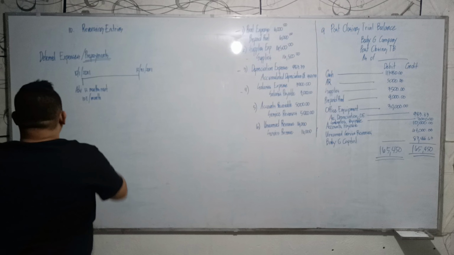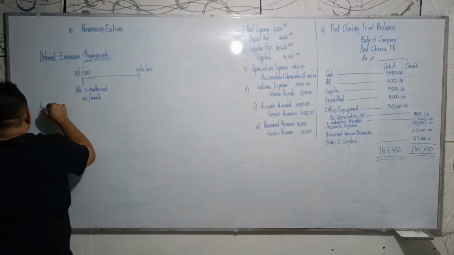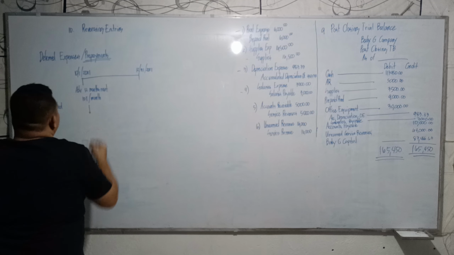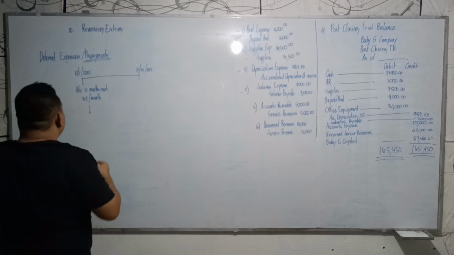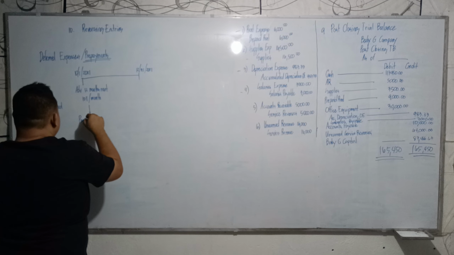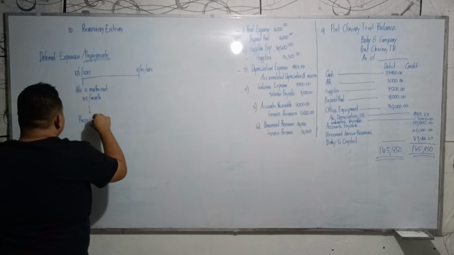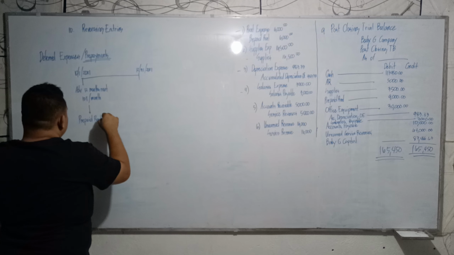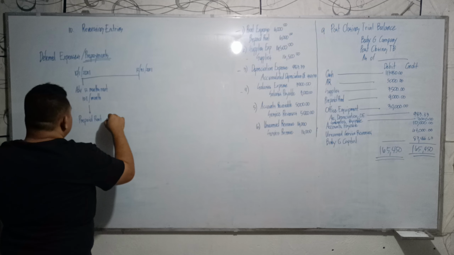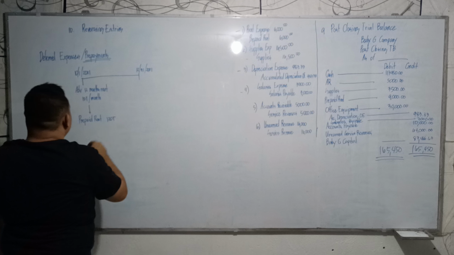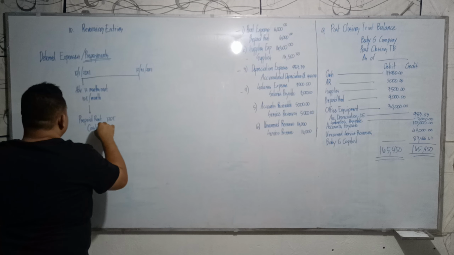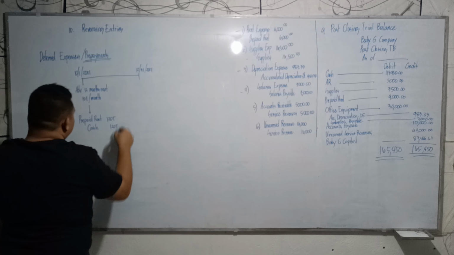So again, you have the option to recognize this as asset method, whereby your advance payment of 12 times 10,000 will be recognized first as an asset known as prepaid rent. So we have debit prepaid rent, 12 times 10,000, 120,000, and then credit cash, 120,000.